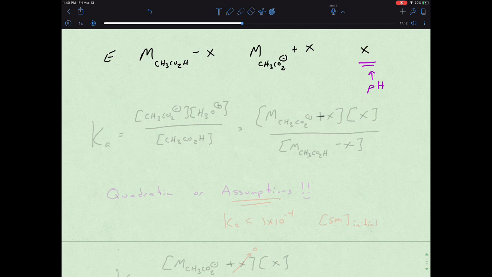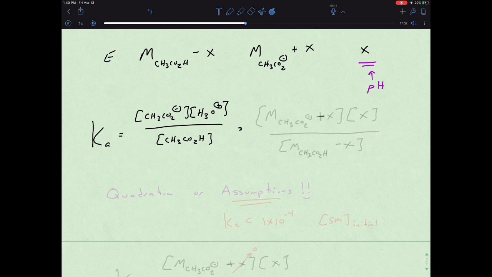So here's where we would then substitute back into our Ka. Right, our Ka, just to remind us, would be those products, right? The acetate, the hydronium ion in the numerator, over the acetic acid. And now we're substituting in those equilibrium values that we got from the ice table.